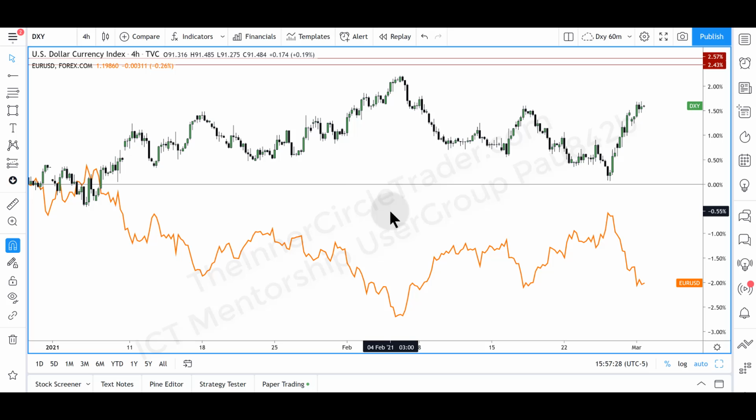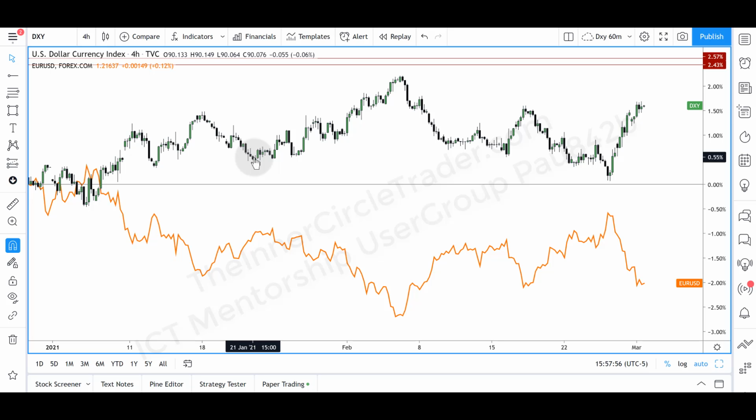What is it doing? What's the purpose of having this? Well, you can see we had the euro dollar making higher highs when this lower low did not form in dollar index. You see that? Here's the euro dollar going higher. This should have gone lower with the dollar index. It didn't. So that's a divergence there, and it gives you kind of an x-ray view into accumulation and distribution.